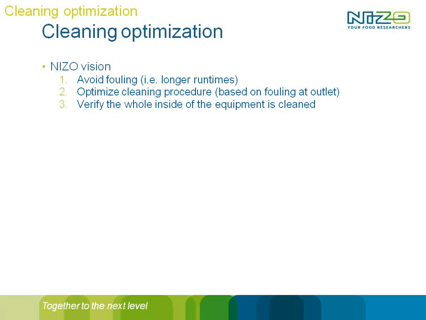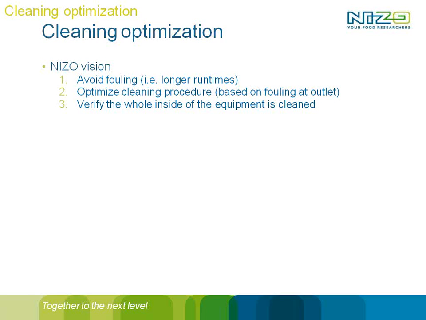Secondly, the optimization of the cleaning procedure. If you have equipment which is fouled, which you need to clean, then you can start thinking about how to optimize the cleaning procedure and how you can improve that based on the fouling at the outlet. And third of all, after you've optimized your cleaning procedure and you looked whether all the remainders of dirt have left the system, always check inside your equipment whether it's really clean.